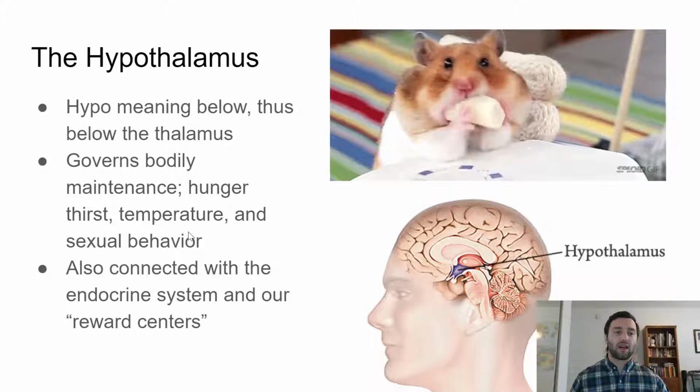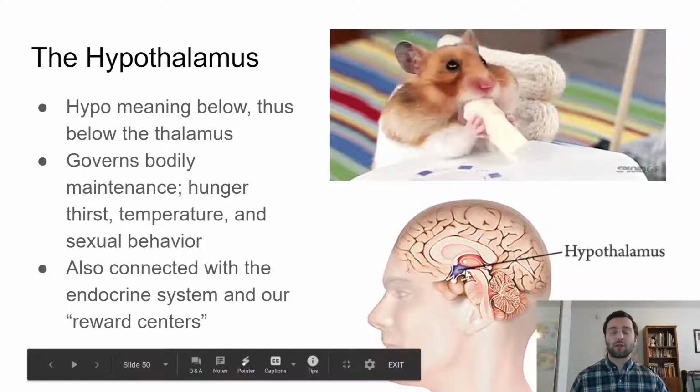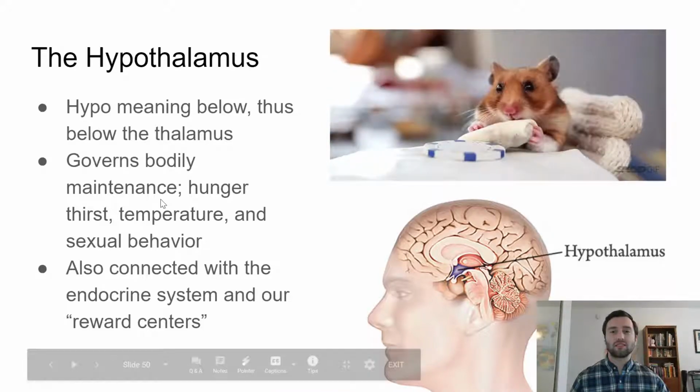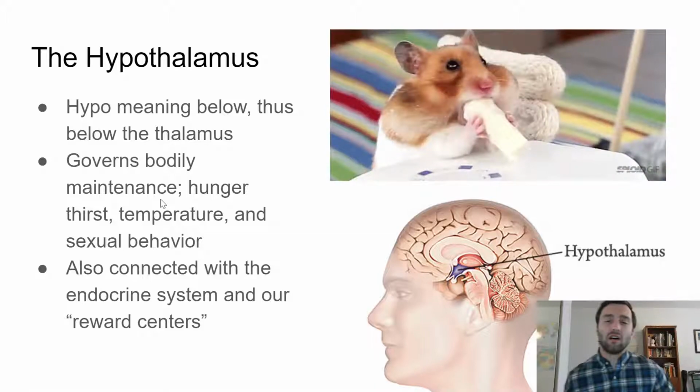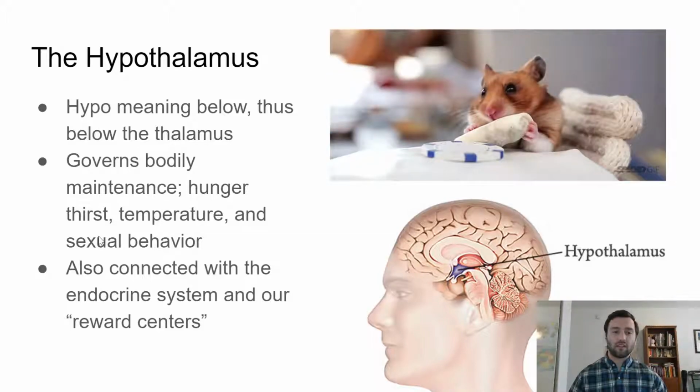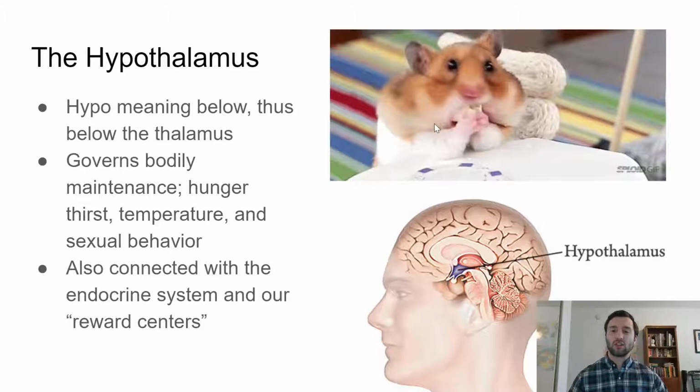When you eat, you feel better. When you're hungry and you get something to drink, you feel better. You get rewarded for that. So there's a connection between the hypothalamus maintaining these things and the reward centers and the rewards we get for making sure that we are fulfilling those needs of our body.